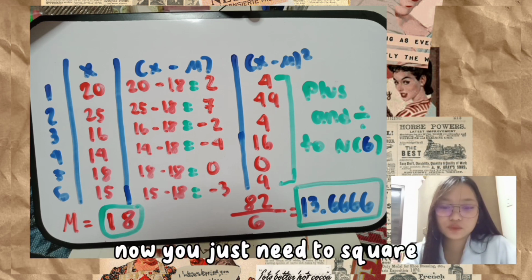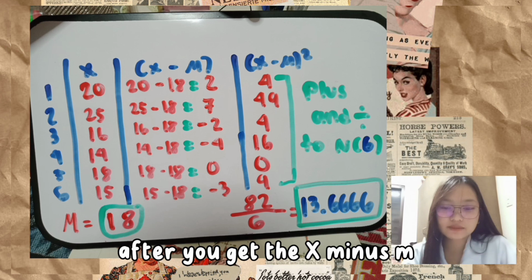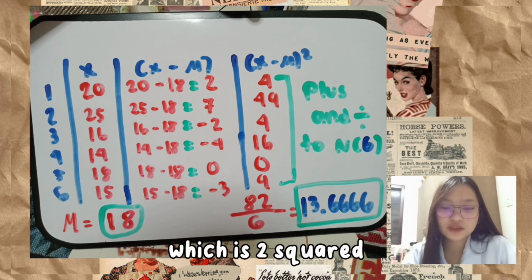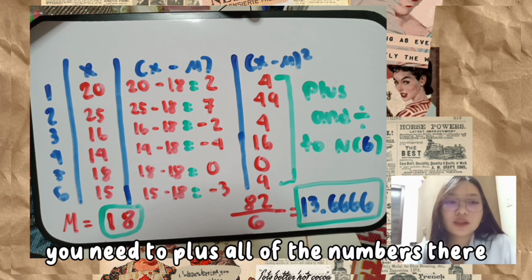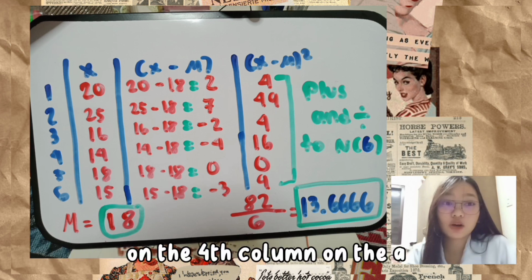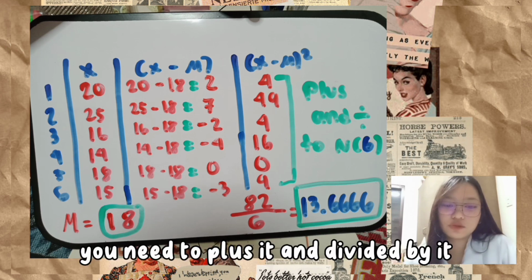You just need to square the x minus the mean, which is 2 squared is equal to 4, right? After you compute the fourth column, you need to add all of the numbers there, on the fourth column only, and divide it by n.